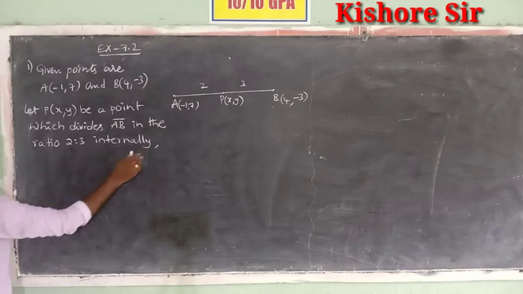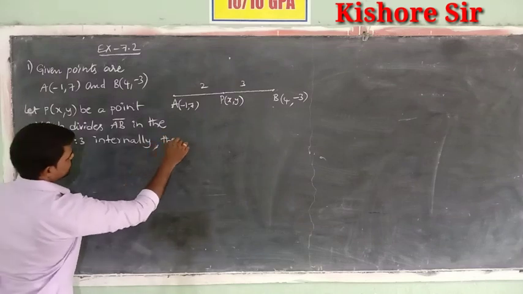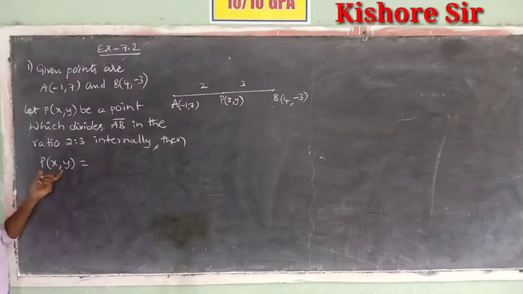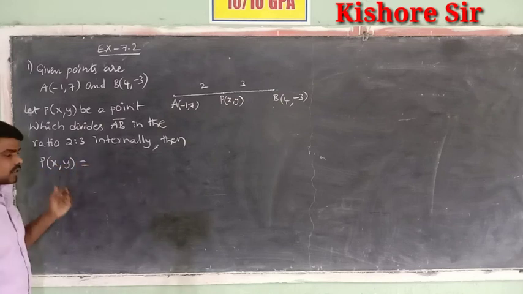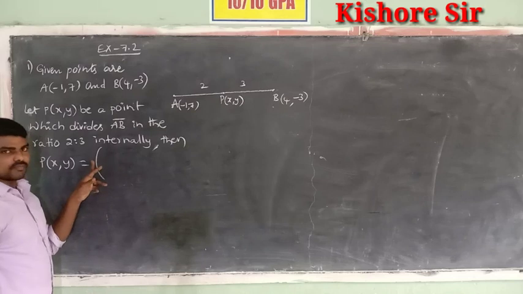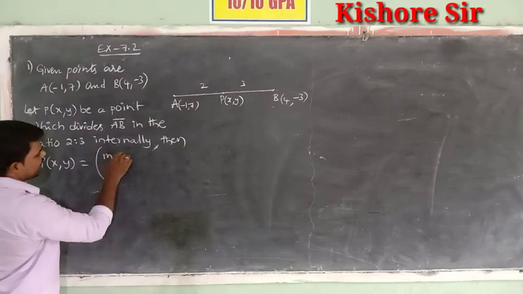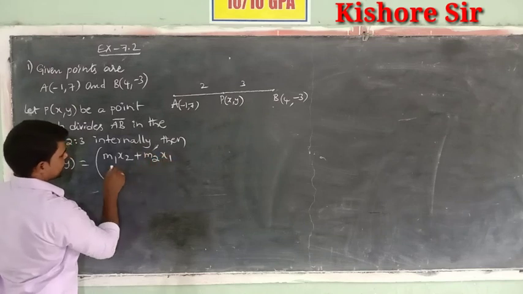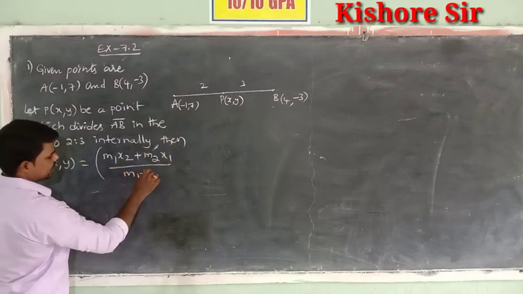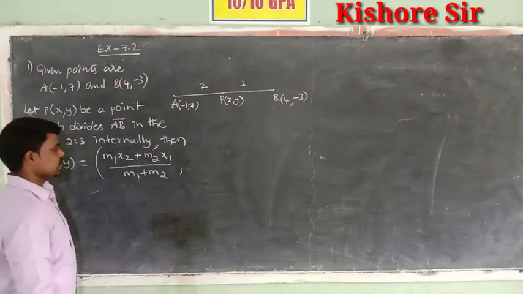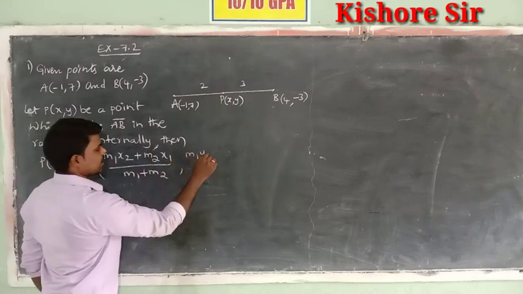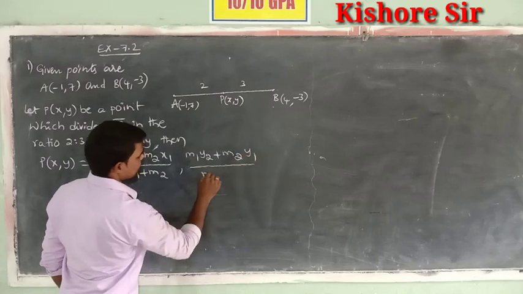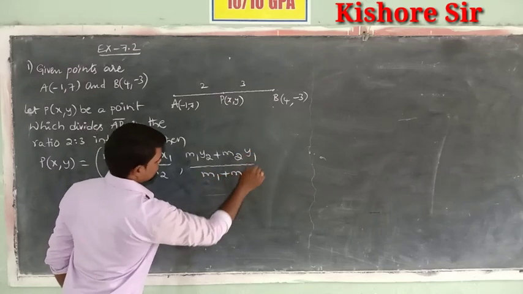Then P of x comma y, the coordinates of point P, is equal to, by the section formula, m1 x2 plus m2 x1 by m1 plus m2, comma m1 y2 plus m2 y1 by m1 plus m2.